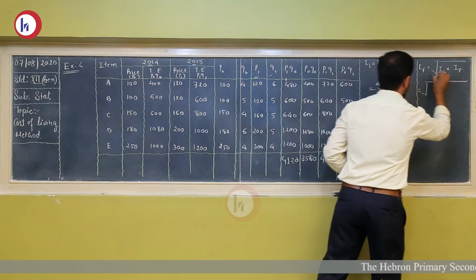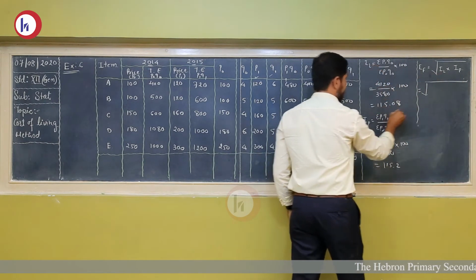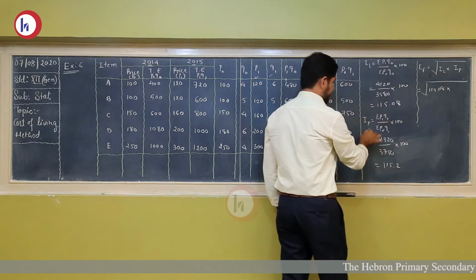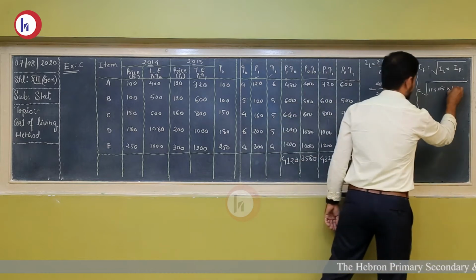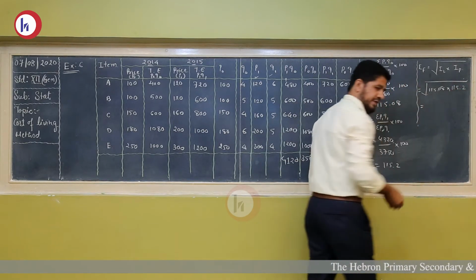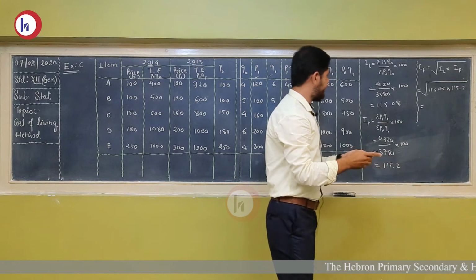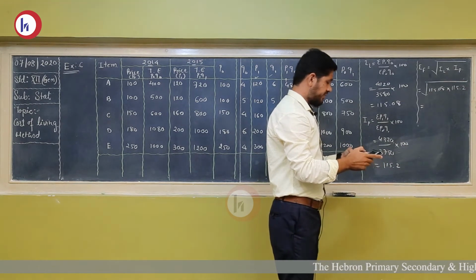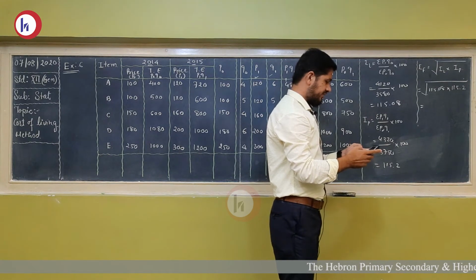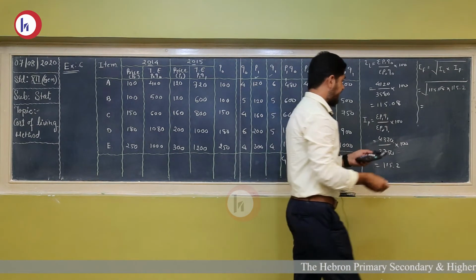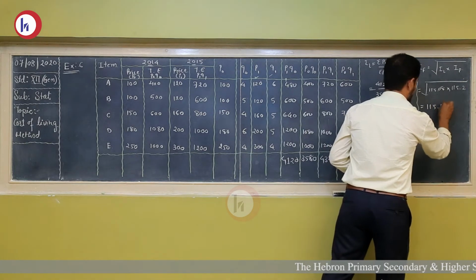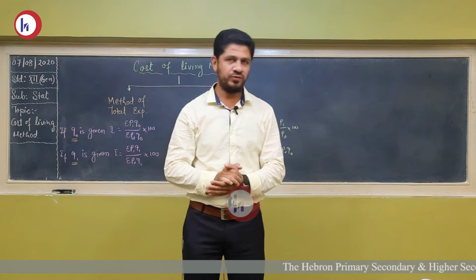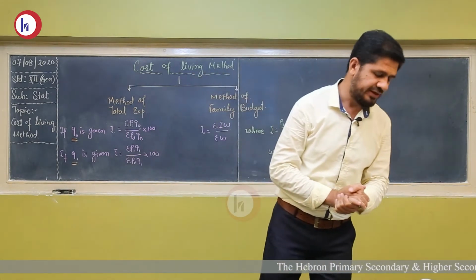So index of Laspeyres, that is 115.08, into index number of Paasche, that is 115.2. Now again let's use the calculator for that. So 115.08 into 115.2, you will get the final answer 115.40.